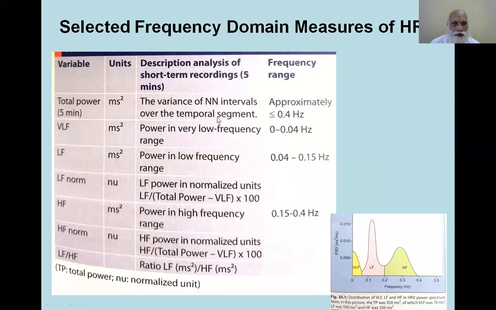Whatever segment of ECG you have taken, the variance of NN intervals is put together, and this power represents the variance in the NN intervals over that particular segment, up to 0.4 Hertz.